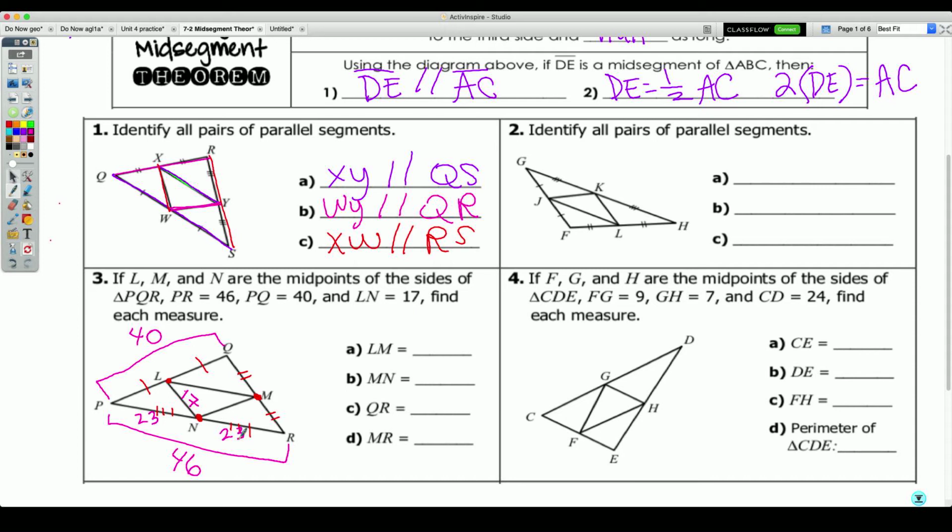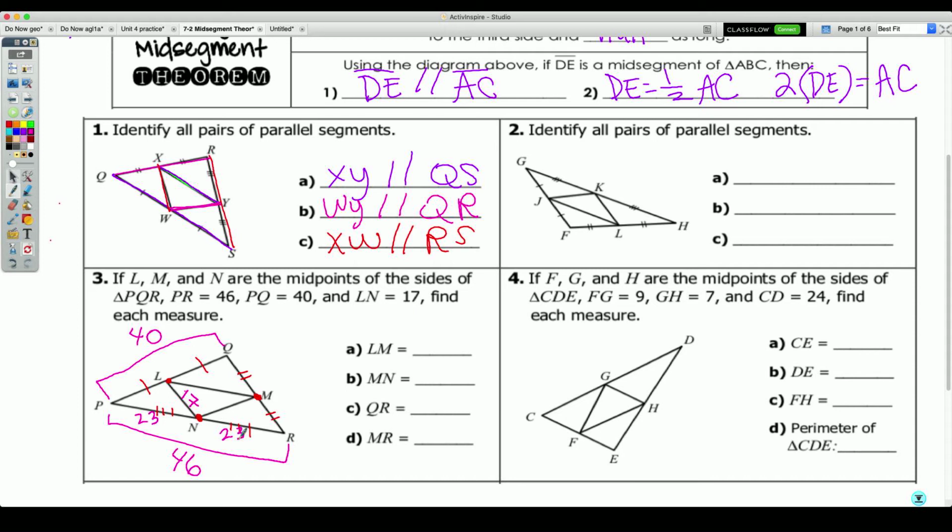I also know that the mid-segment is going to be half the length of that as well. So where else would we write 23 here? If PR is 46, where else would be 23 here? Tyler, what do you think? Yes. So PR is my side. I know that the mid-segment that's parallel to this side, PR, is going to be half the length.